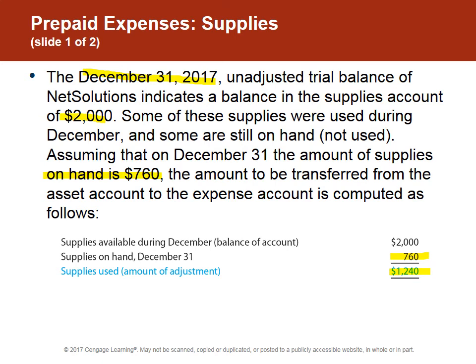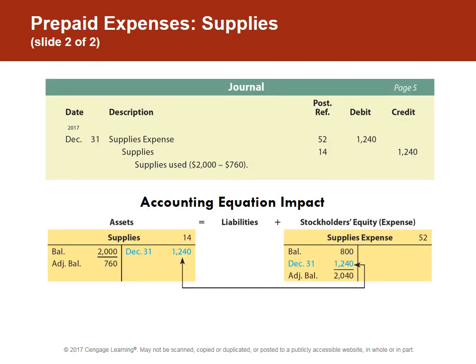And for now, for this example, what we have is $2,000 to start with, and $760 is going to be our ending balance. So we've got supplies expense, just like we did in the past, of $1,240 to record because that's what was used. And the supplies asset account, $1,240. And again, here's our supplies account.